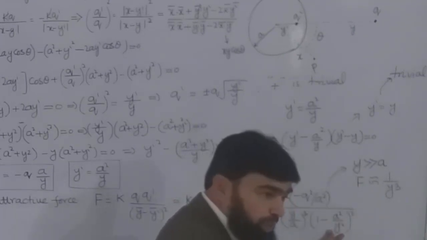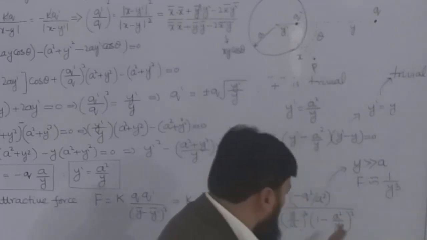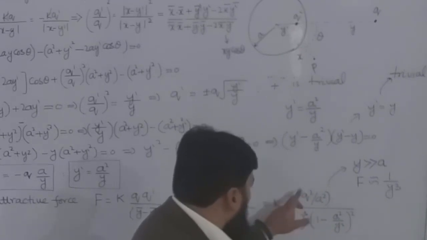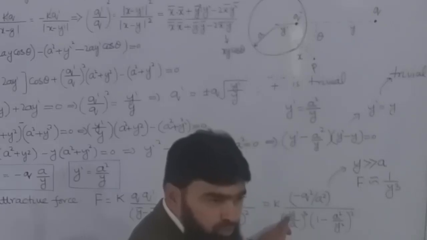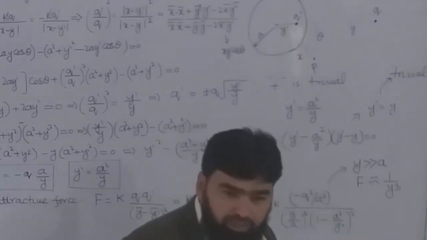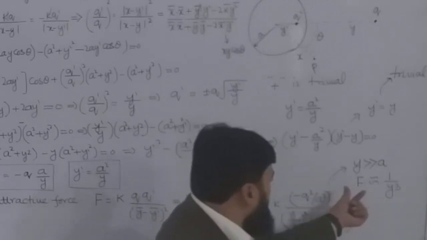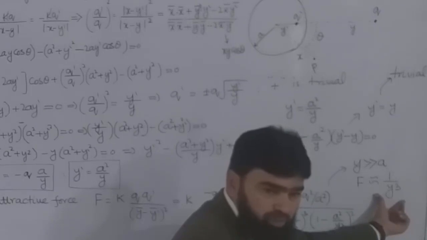This one is growing. So this a square over y is going to 0. This will become 1. And your expression will become 1 over y cube. Because y is your variable, a is fixed. Right? A is fixed. This is the radius of the sphere. So your force becomes 1 over r cube.